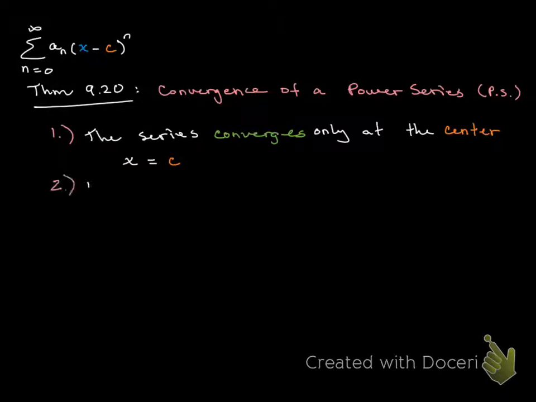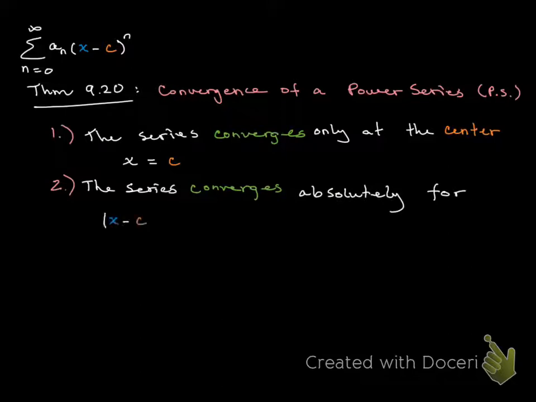Second is the slightly more interesting case. The series converges absolutely on some interval, for some x's where the distance between x and c is less than r.